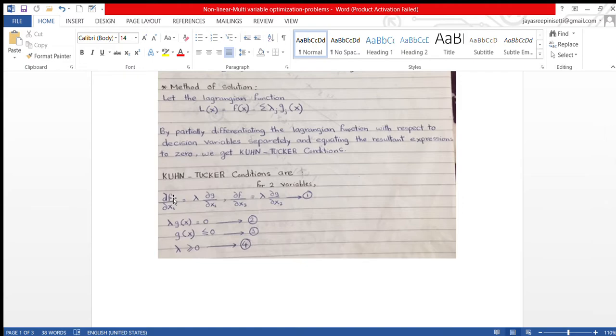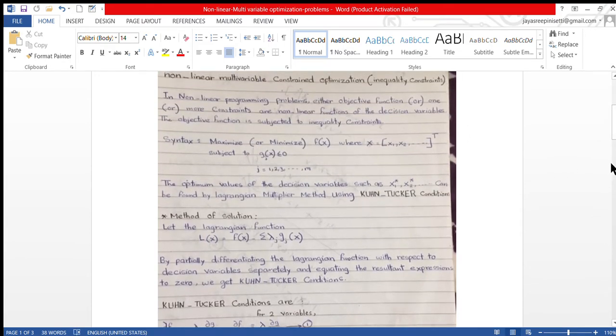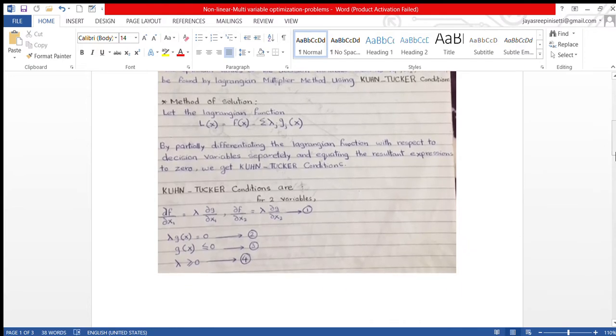of the first function, the objective function, with respect to x1, equals lambda times, where lambda is the Lagrange multiplier, the partial differentiation of g of x with respect to x1. Here we have two variables, x1 and x2, so you get one Lagrange equation.